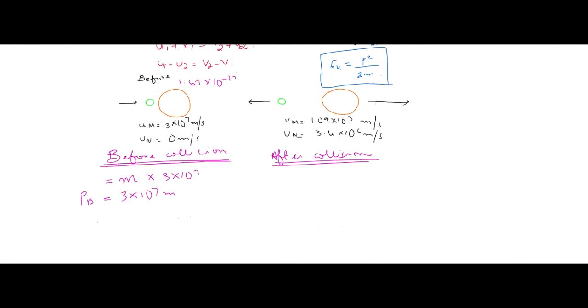So if we do that, we don't know the mass of the mystery particle, but we know that its speed is 1.09 into 10 raised to the power of 3. Then the mass of the neutron is 1.67 into 10 raised to the power of negative 27, multiplied by the final speed, which is 3.4 into 10 raised to the power of 6. I have missed out an important step in writing my calculations.